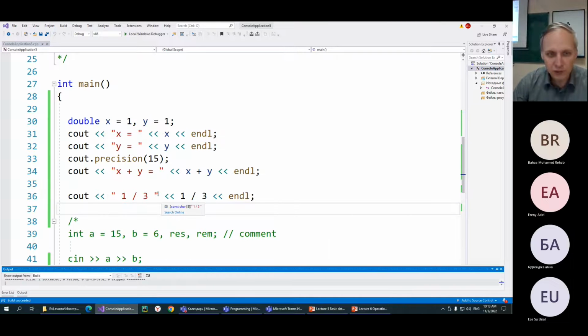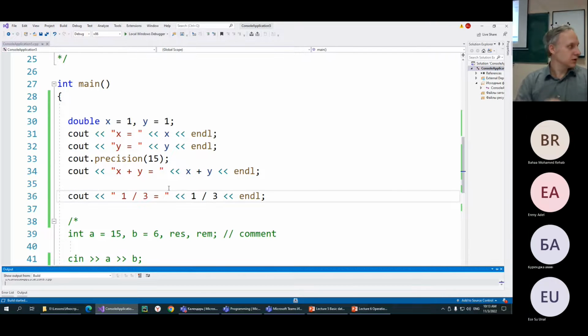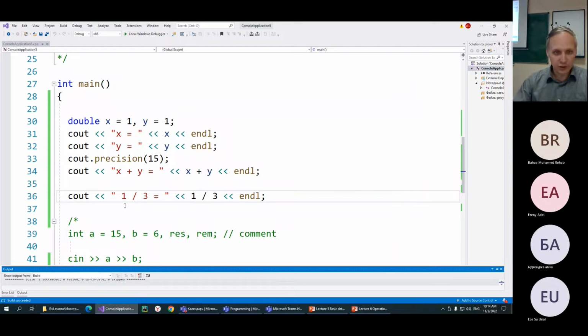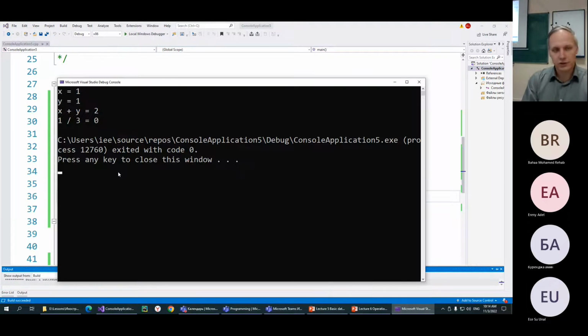Sorry, I forgot to write the equal sign, but it doesn't matter. We will see 0. Just 0. I showed you this example in the previous lesson, and I show you again right now. Why will we see 0?